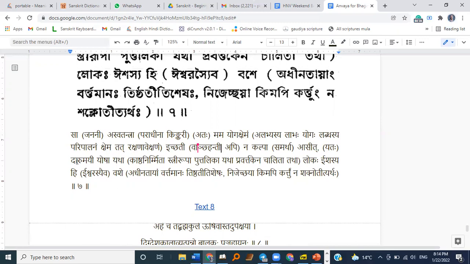So Darumai Yosha Yatha, just like a puppet, a lady puppet made of Daru, wood. Kashta Nirmita, made of wood, Stri Rupa Puttalika. How do you say Puttalika?